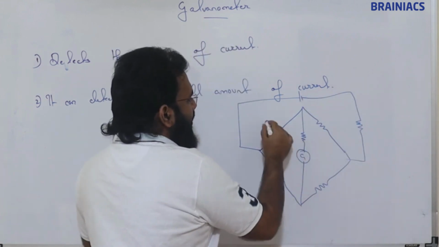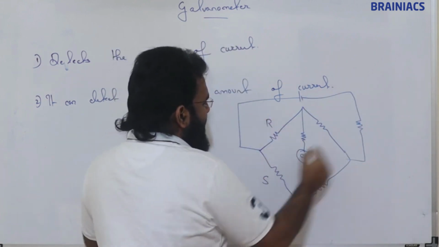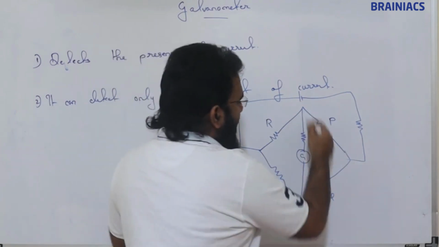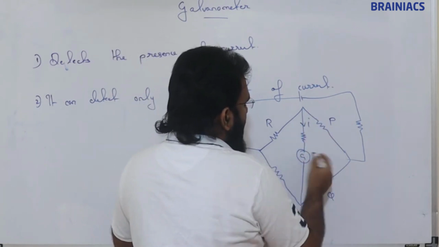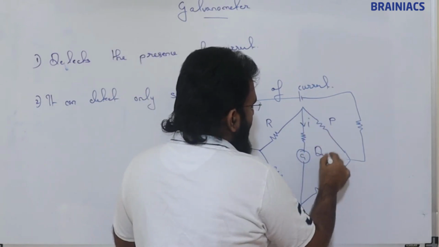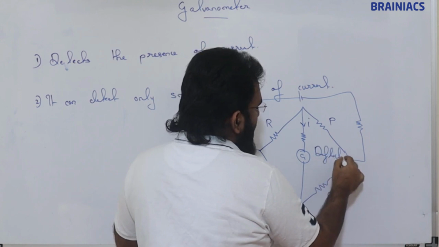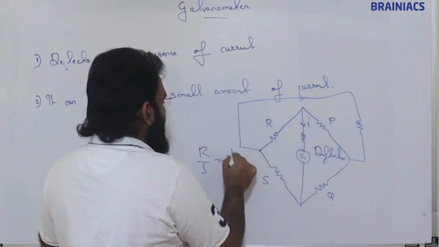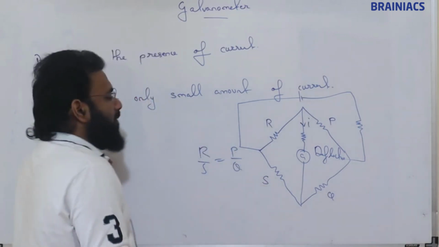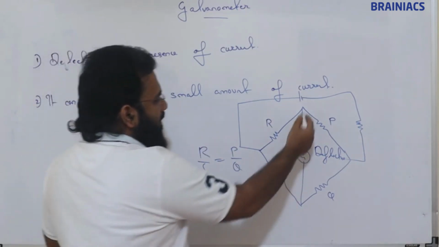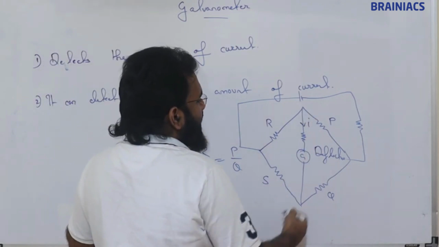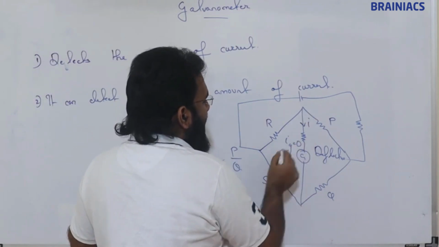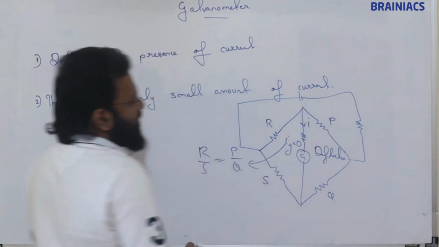Whenever current passes through this galvanometer it shows deflection. When R by S is equal to P by Q, when this balancing occurs, there will not be any current passing through it, so current through the galvanometer will become zero in this condition.